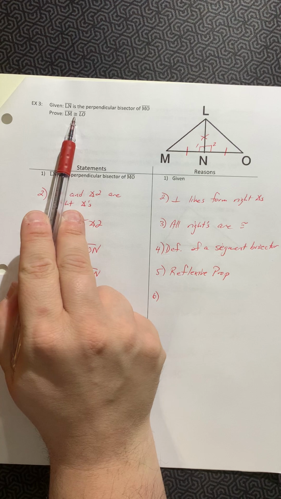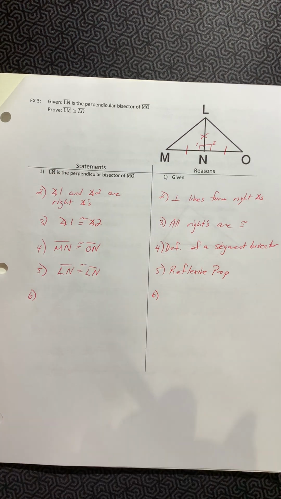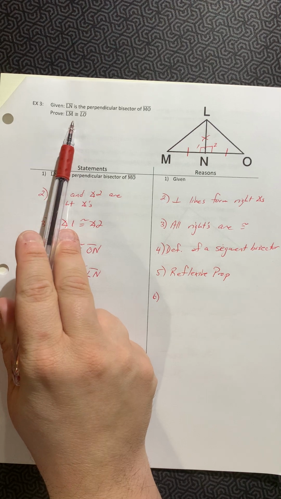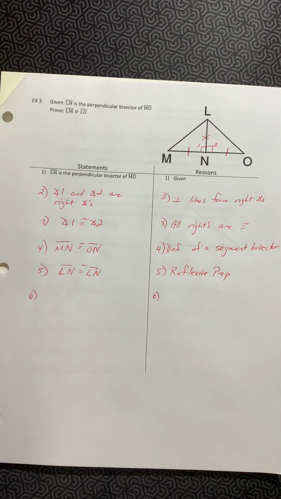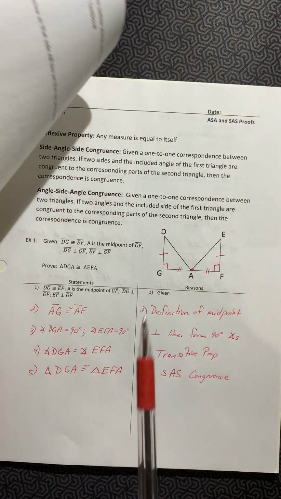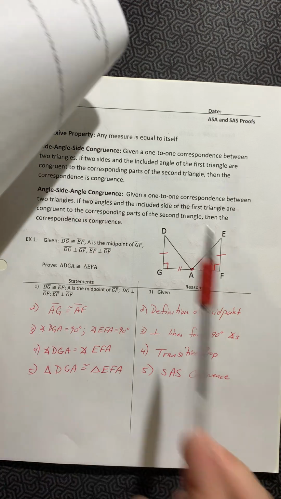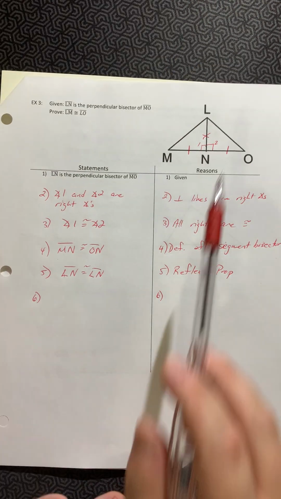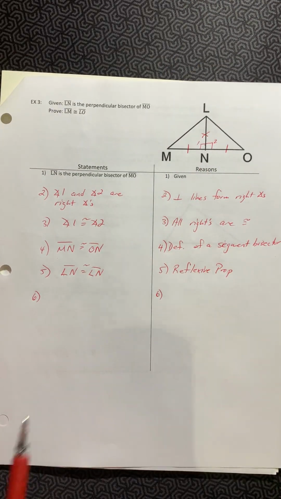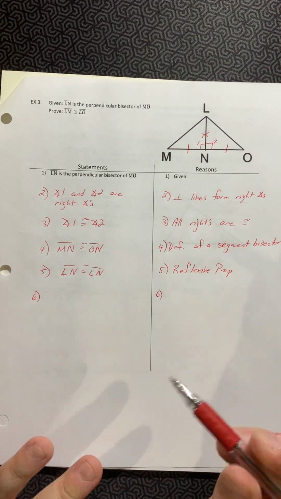I ignored the fact that this wasn't asking us to prove triangles congruent. Instead, it asked us to do something a little bit different. But in order to do that, we're still using these definitions from earlier, meaning the correspondence is a congruence. So if I can prove that the two triangles are congruent, I now know all of their parts are congruent.